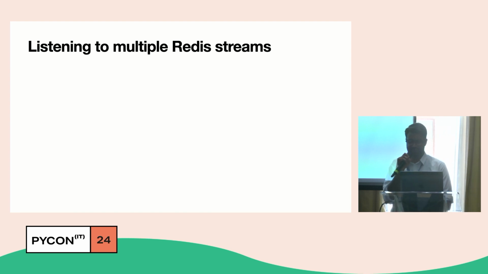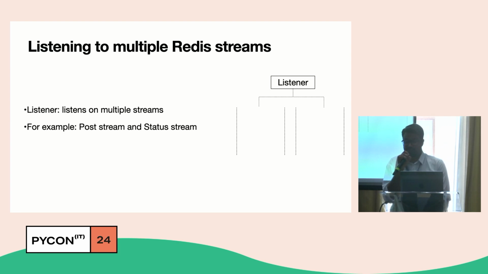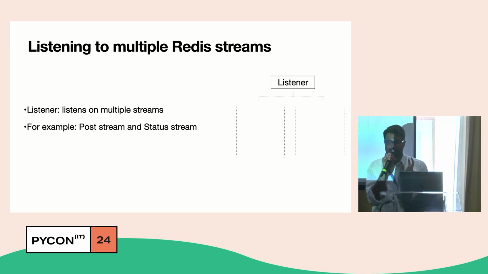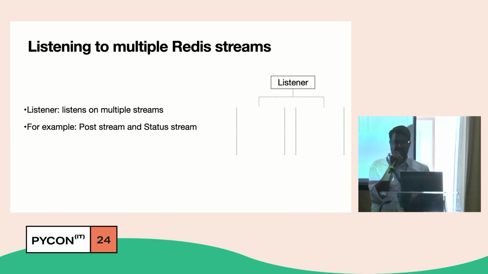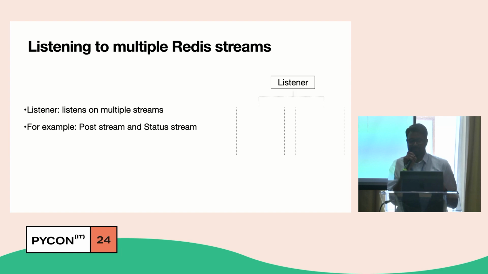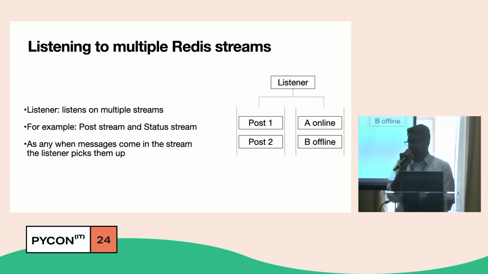So you can listen to a post stream, and then you can listen to a user stream, and then you can just have one listener. So it doesn't have to be just 2 streams. You can listen to multiple streams, and then the listener can decide which combination it should listen to. So in this case, it's just a post and a user stream.